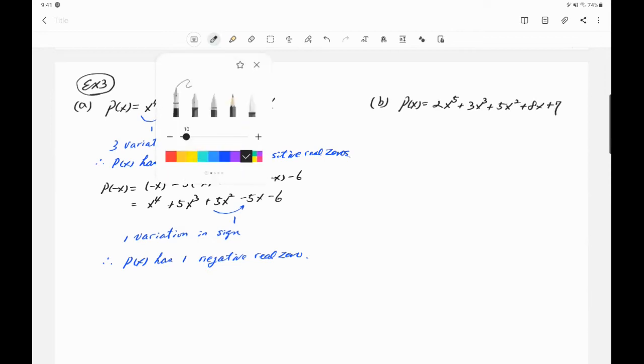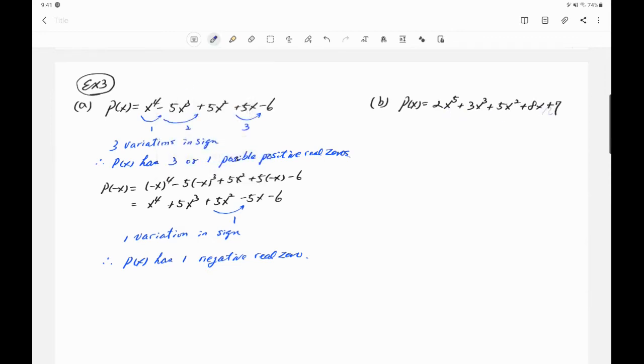As you see this, there are no sign changes, right? Everything, all of them is positive. So there is no variation in sign, right? So P of x has no positive real zero, right?